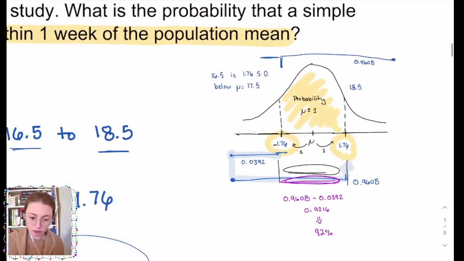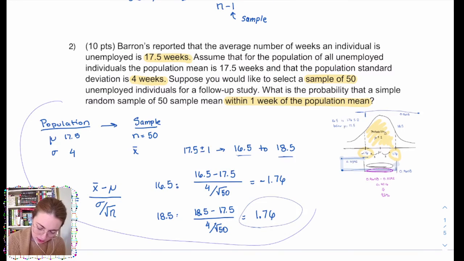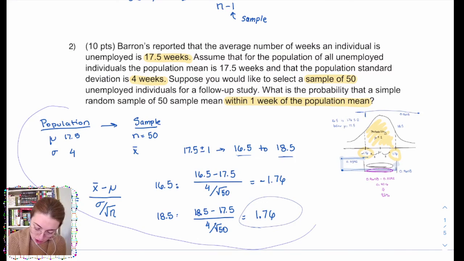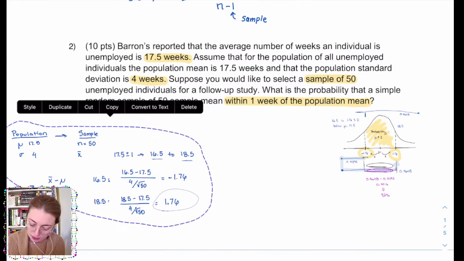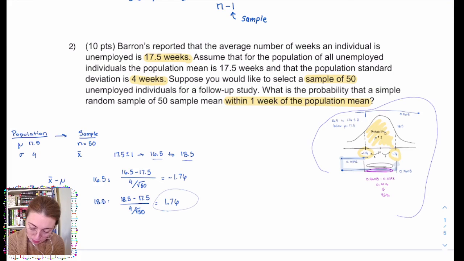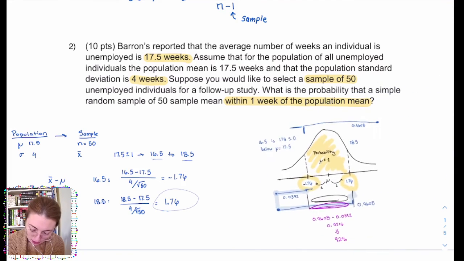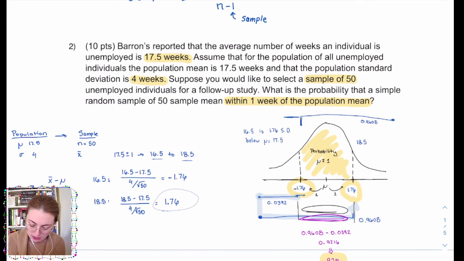So going way back out to the whole question here, and I'm going to do some rearranging so we can see everything. We've ultimately determined that if we take a sample of 50 people from the entire population, the probability of the mean of that sample lying between 16.5 and 18.5 is 92%.